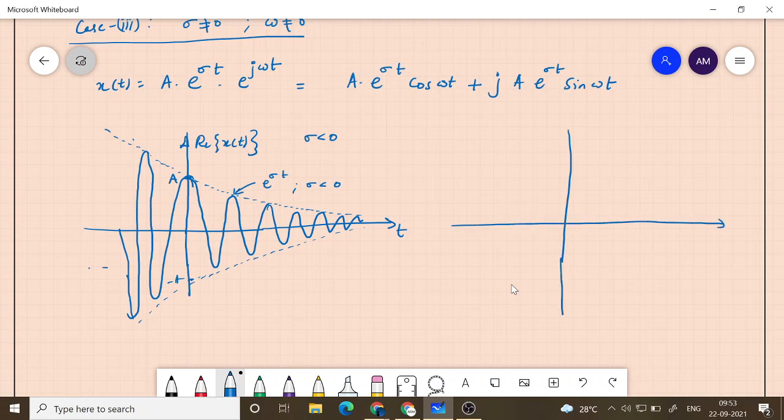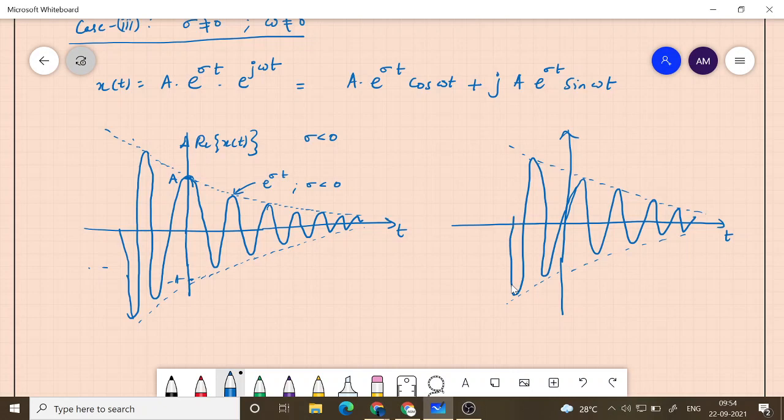Only thing is that it is a sine function. So you have to first draw this envelope which determines the amplitude of this oscillating part. Both of these will have the same time period. So this is your imaginary part of x of t.